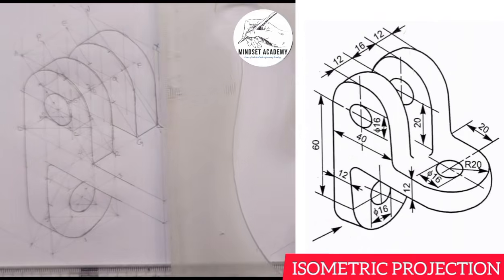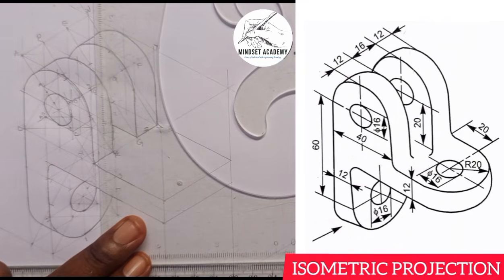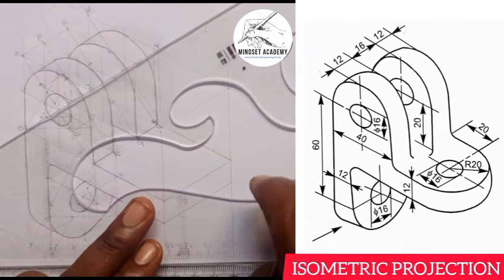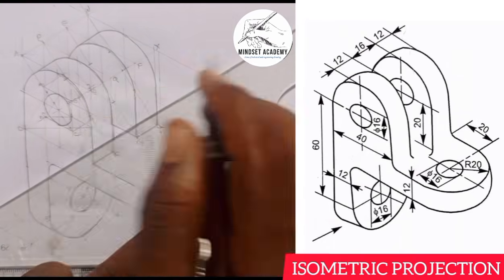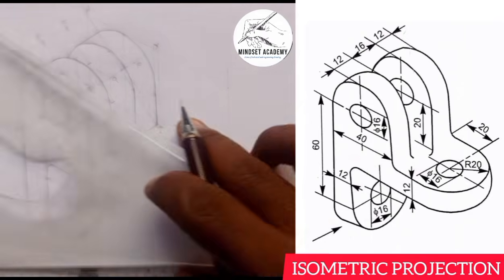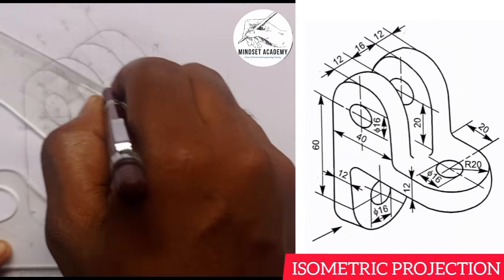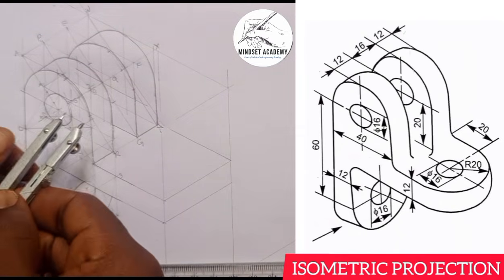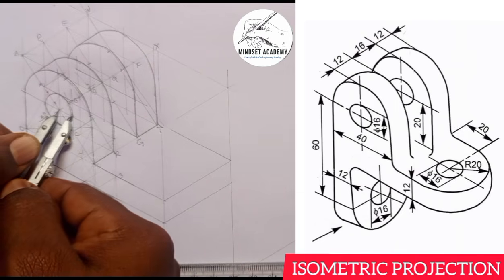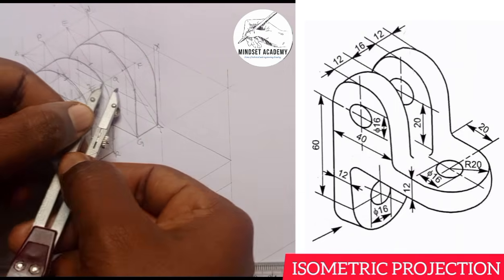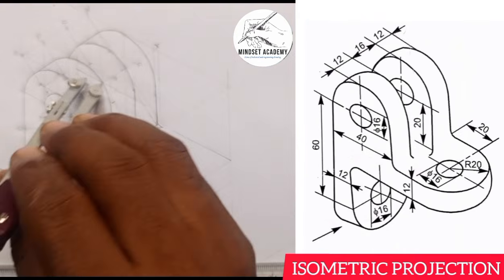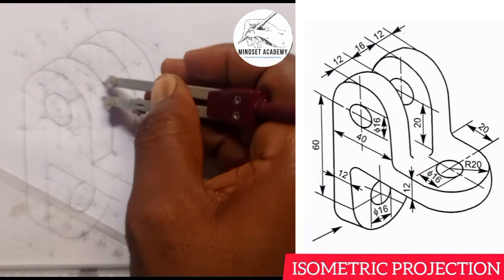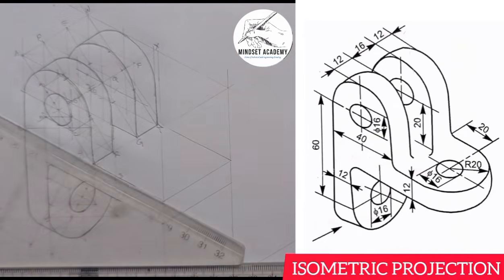And just focus on this. And also you can also get the center point here to mark here. And you do the same thing you did here. From this end, you mark your 8, right? You come here, you mark 8 here, 8 up, 8 down, and here. So you close it up.